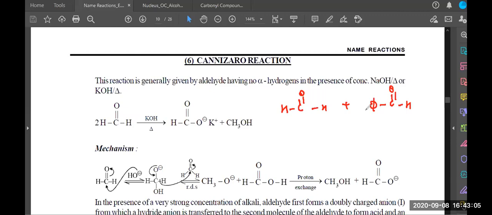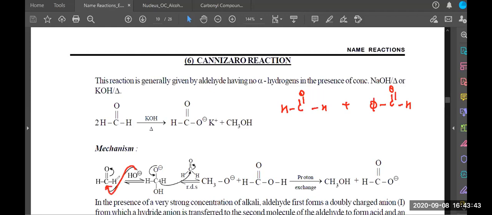See how the concept remains the same. You have to think. Yes, very good, Harsha. Very good, Sumedh. When you talk about the mechanism, what is the first step? Attack of OH as a nucleophile, because here we don't have acidic hydrogen.